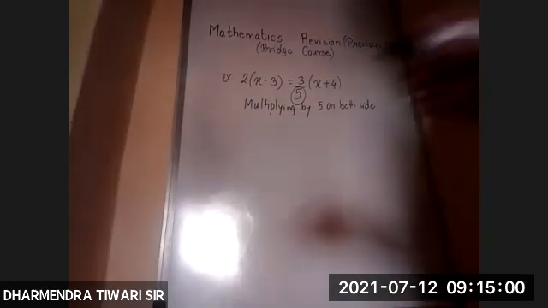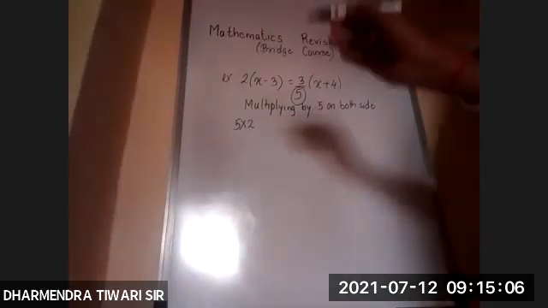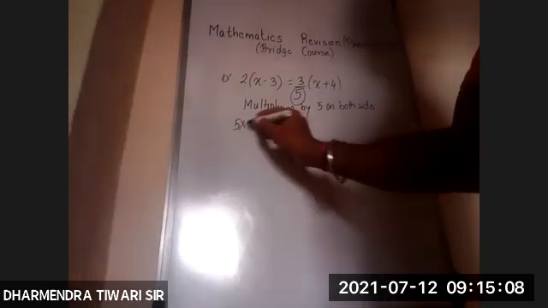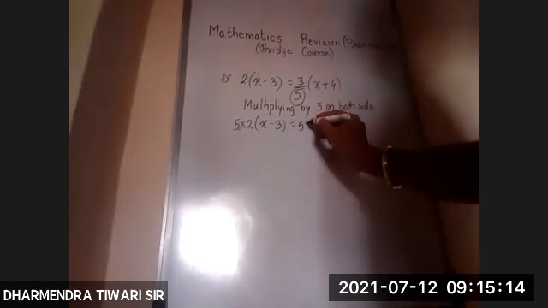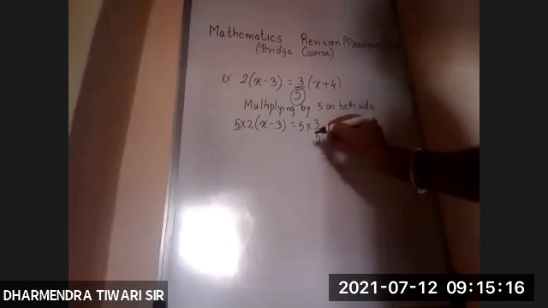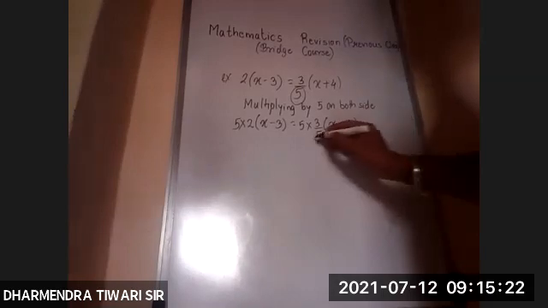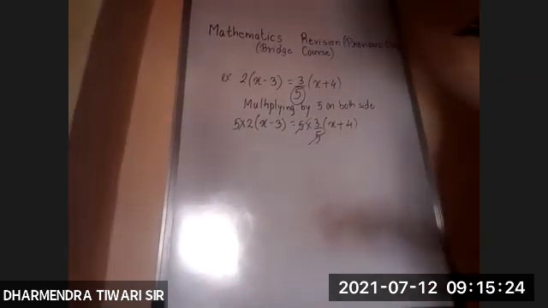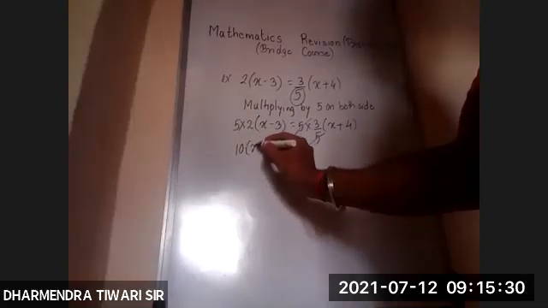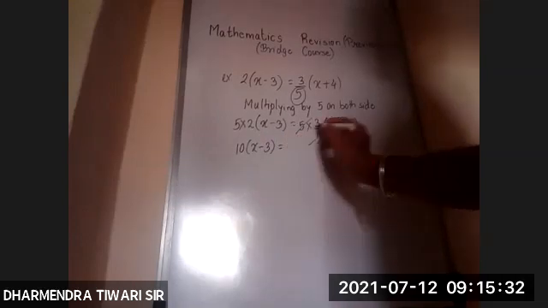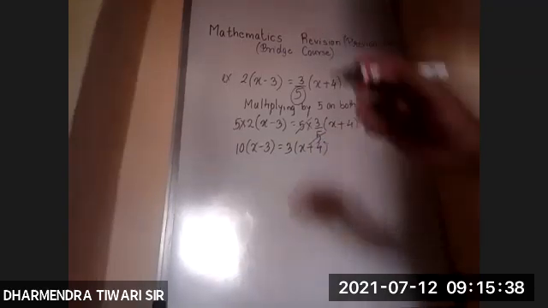What will we get? 5 into 2 (x minus 3) is equal to 5 into 3 by 5 (x plus 4). Cancel this 5. Here 5 twos are 10. 10 (x minus 3) is equal to 3 into (x plus 4).